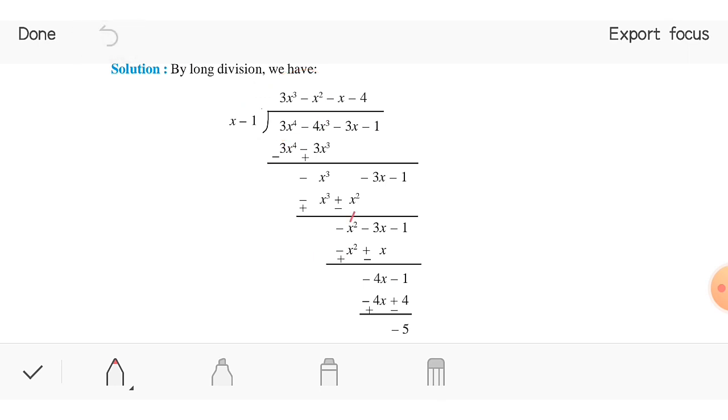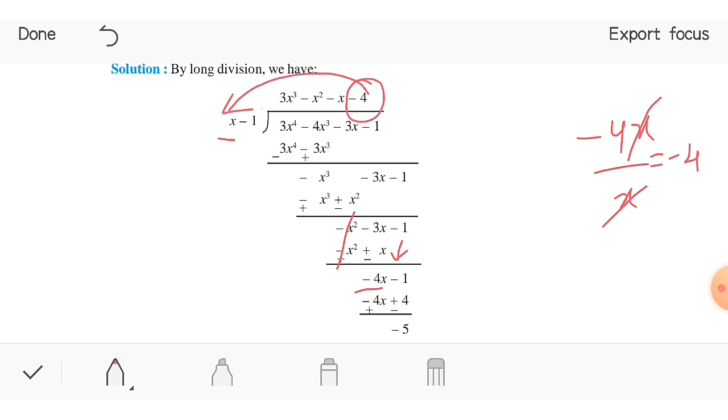Now minus x square plus x square gets cancelled. Minus 3x minus x will give minus 4x, and this minus 1 comes down, we'll get minus 4x minus 1. Again take the first term here, minus 4x, and divide by x, cancelling we get minus 4. This minus 4 is taken here.